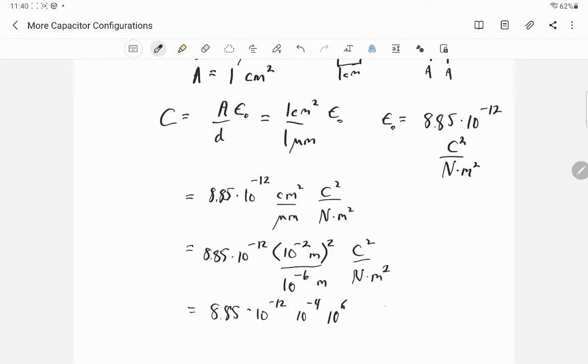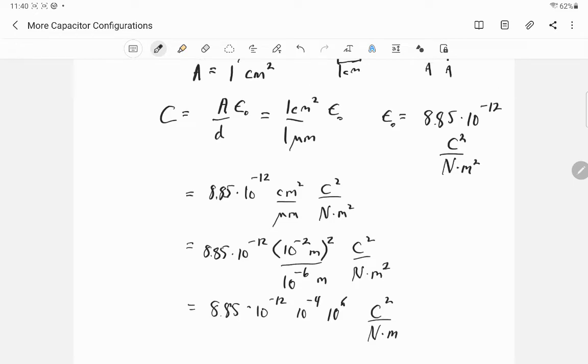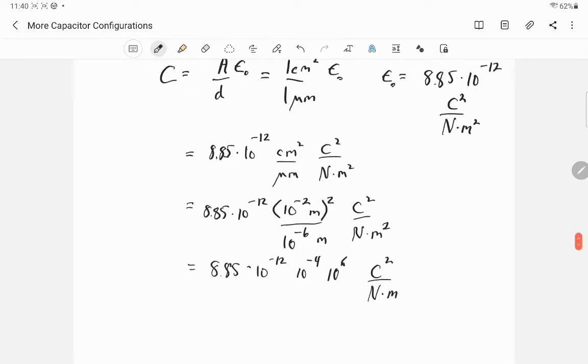So in the end, I'm going to have coulomb squared per Newton meter. If I finish it out, 10 to the minus 12 times 10 to the minus 4 is 10 to the minus 16. 10 to the minus 16 times 10 to the positive 6 is 10 to the minus 10. So I get 8.85 times 10 to the minus 10. That's all the numbers. And the units are, so check this out.